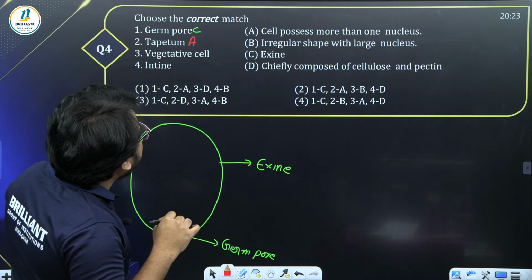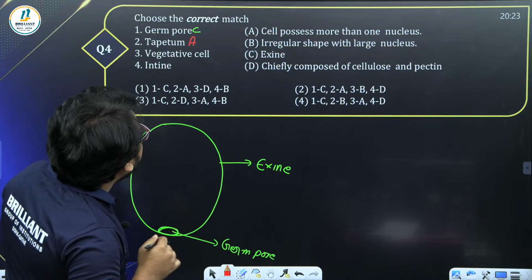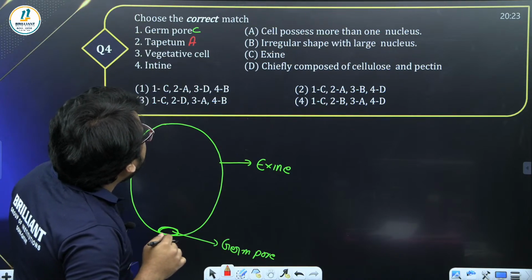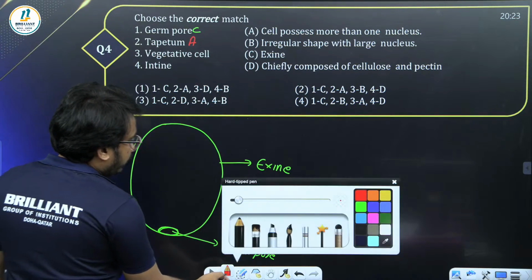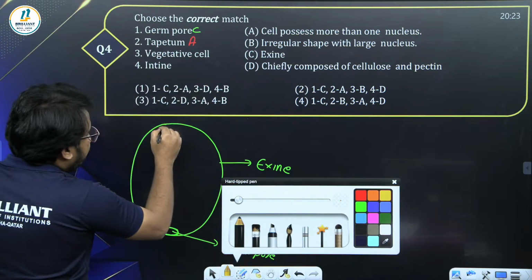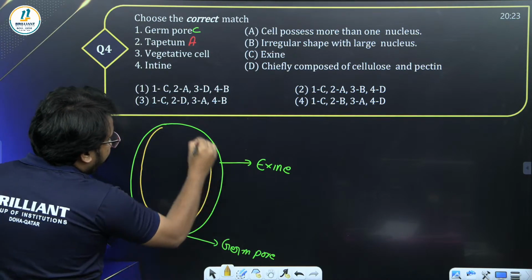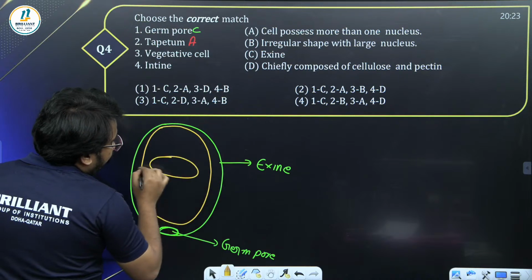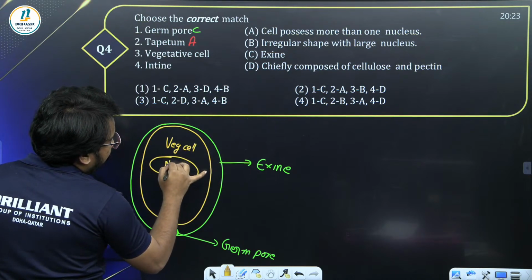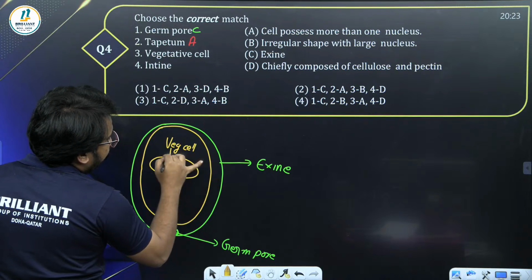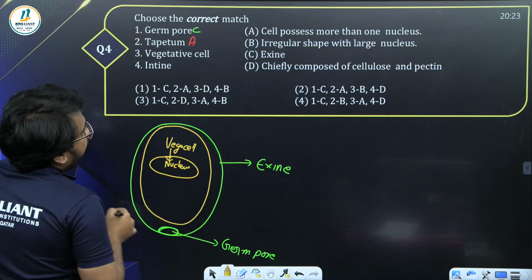Then vegetative cell. Vegetative cell, irregular shape with large nucleus. In the structure of pollen, inside is the vegetative cell with a large irregular nucleus in its cytoplasm.